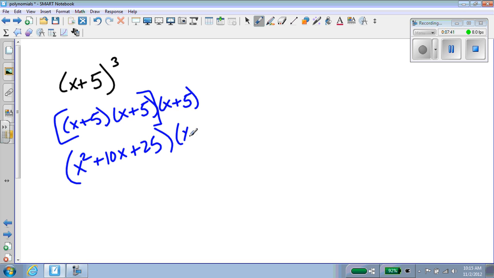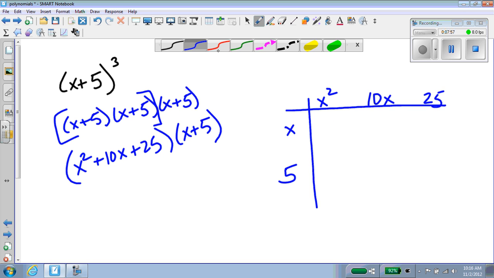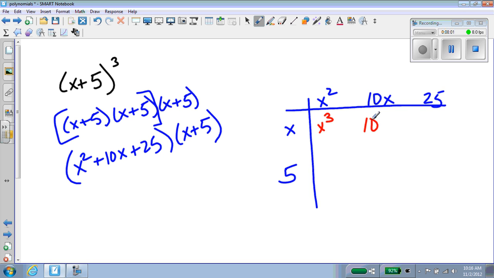And I still have to multiply that by x plus 5. I think I'm going to use my multiplication table strategy. Got x squared, 10x, 25, an x and a 5. So this is x to the third. This is 10x to the second. This is 25x.